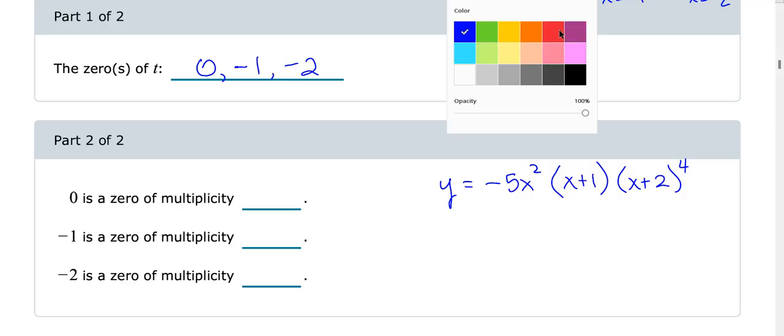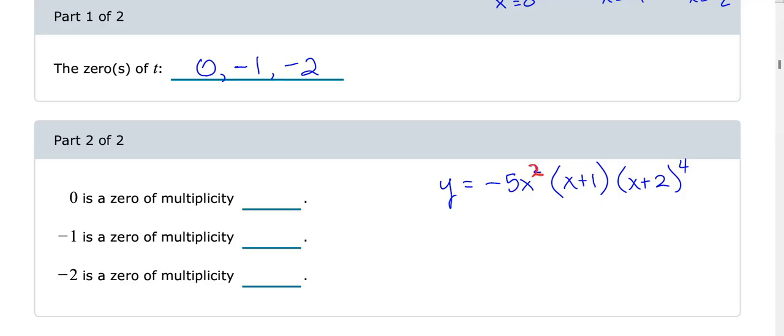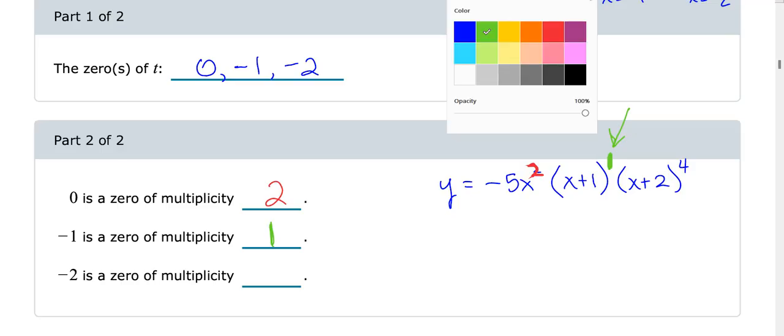Negative 1 has an understood power of 1 up there, so negative 1 is a zero of multiplicity 1. For negative 2, if you look up here, you have the 4th power, so that multiplicity is 4.